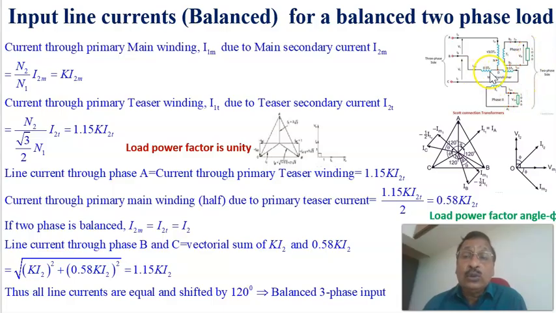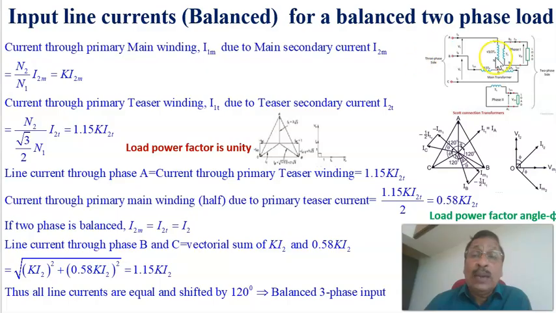As per the principle of transformer, the current in this main winding can be calculated as N2 by N1 into the secondary current I2M. I denote N2 by N1 as the constant K. Therefore, K into I2M is the current through the winding due to the load current at the main winding.